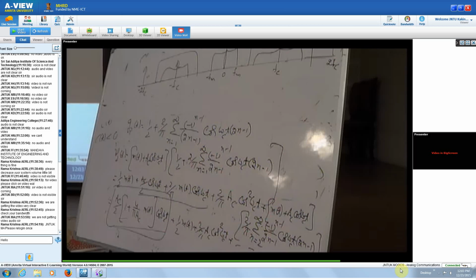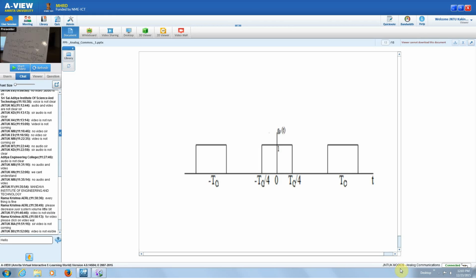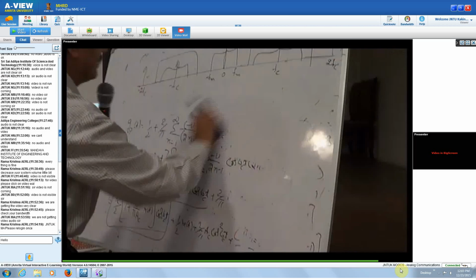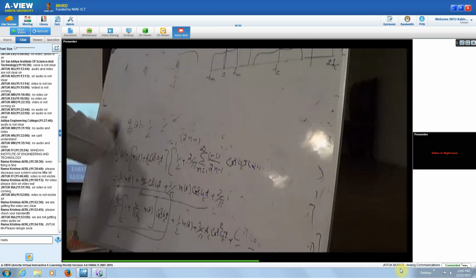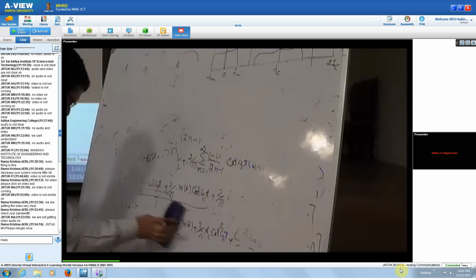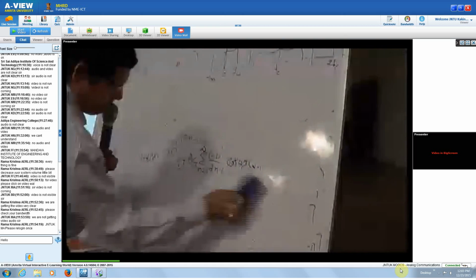Whereas in the square law modulator, you can use any of the non-linear elements having a second order non-linearity. So let us say you have a typical example of a FET square law modulator.